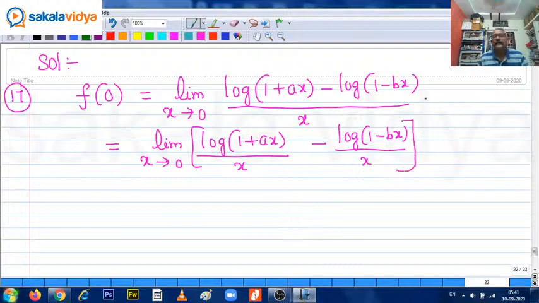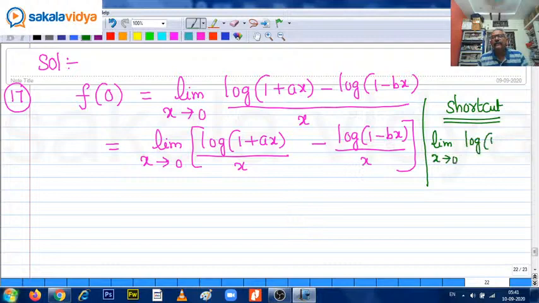So now the shortcut we have: limit x tends to 0, log of 1 plus ax upon x is a. You remember this shortcut.